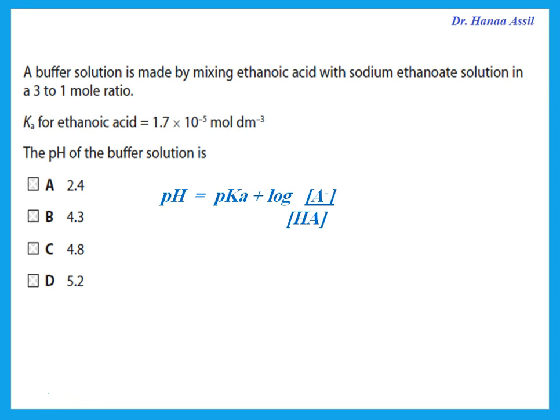And remember that pKa is minus log of Ka. So I can use that to get the pH. So the pKa is minus log of the Ka that he gives me, plus the log of the concentration of A minus over HA. He says it is a 3:1 ratio, so you don't really need an exact number. You could just say it's log 1 over 3. So the pH in this case comes out to be 4.3.